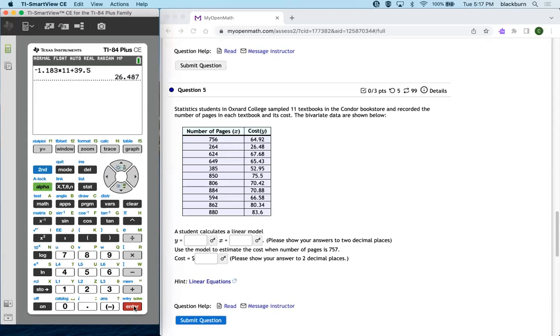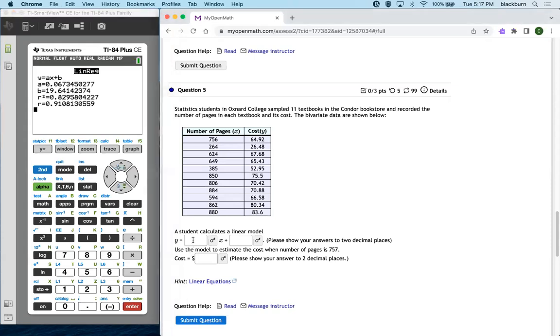And calculate. So there we have it, and it wants 2 decimal places. So 0.07 to the nearest 2 decimal places for the slope. And for the y-intercept, it was 19.64.